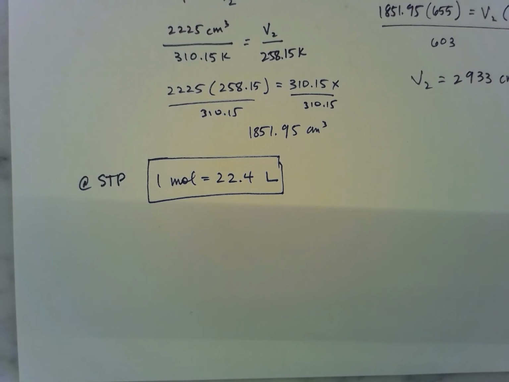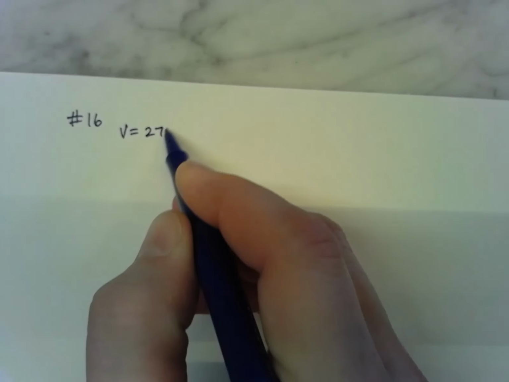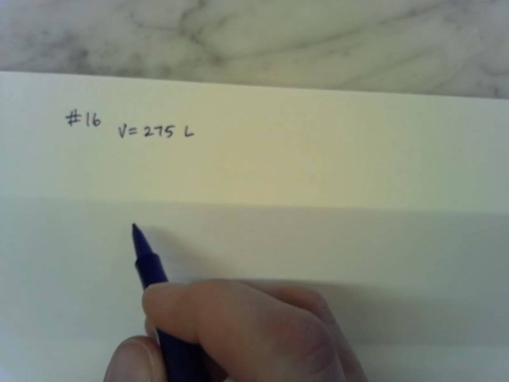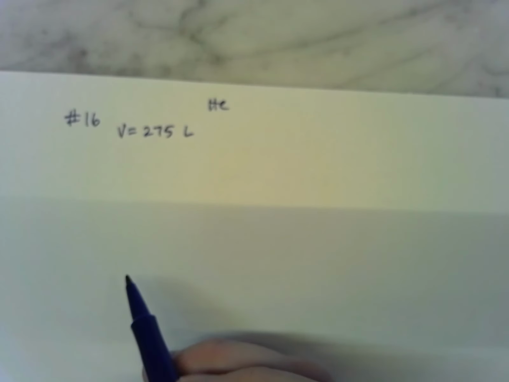Okay, so let's look at number 16. I think that'll be a worthy endeavor for us. Number 16, what do we know? A weather balloon is filled with 275 liters, and our gas is helium.